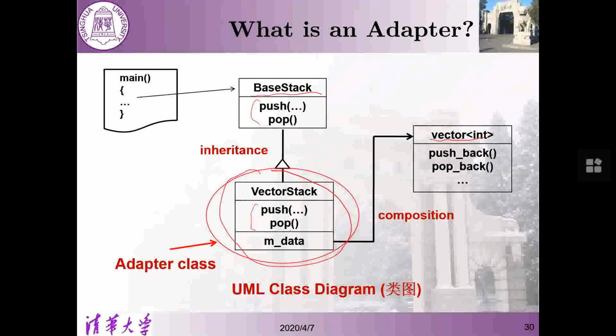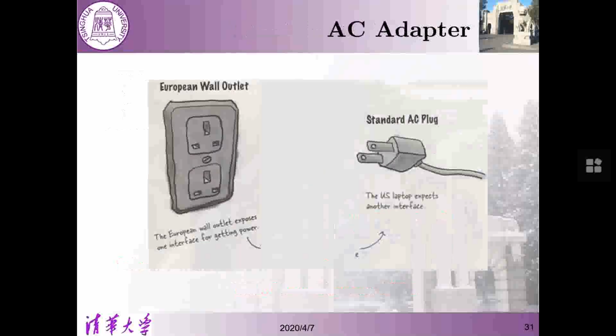So this is an adapter class by composition, because these are the members. This member, the data, is a vector. This is composition. So here is an inheritance and here is a composition. So this class diagram is the adapter design pattern.